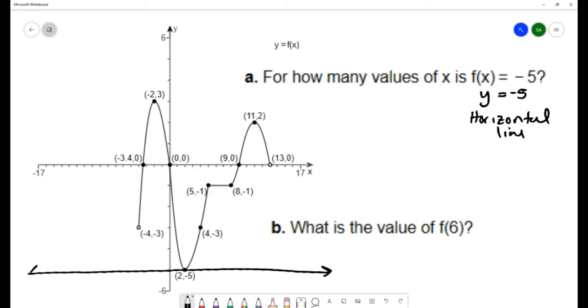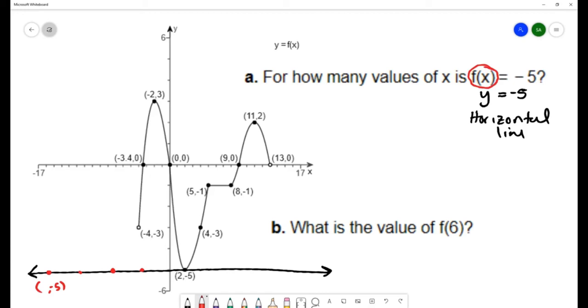And this horizontal line, if we think about it, every ordered pair on this line will have the y-coordinate being -5. Now we're interested in only the ordered pairs that are on the graph.